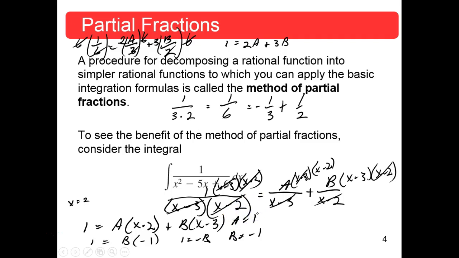Well, this suggests to you that 1 over x minus 3 minus 1 over x minus 2 should equal 1 over that mess that we had to begin with, x squared minus 5x plus 6. Okay? And if you want to be convinced of that, multiply these two together, and you get that. To do that, you need to multiply this one by x minus 2 over x minus 2, this one by x minus 3 over x minus 3.